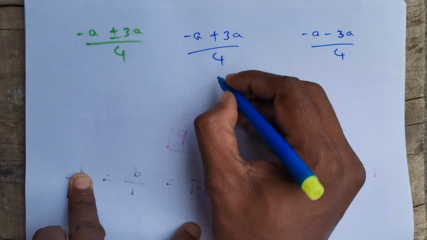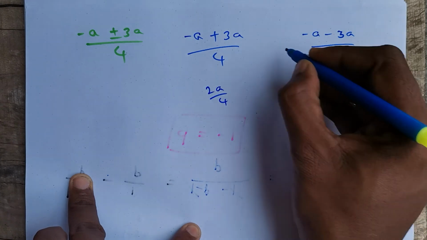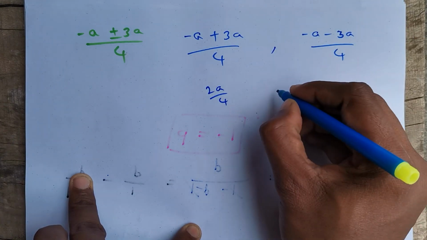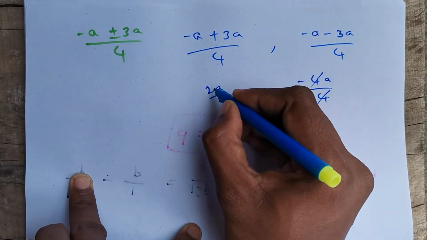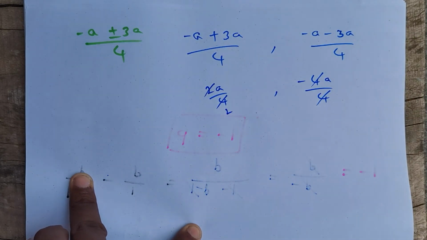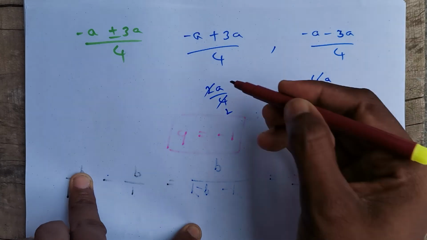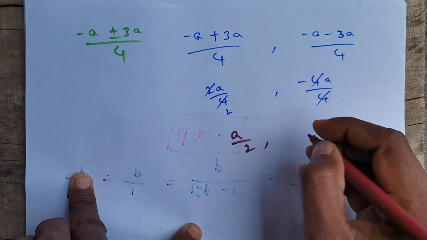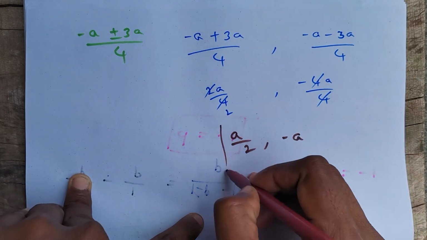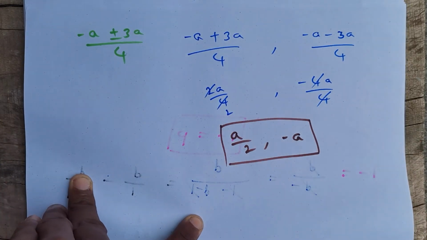Minus a plus 3a is 2a divided by 4, comma, minus a minus 3a is minus 4a divided by 4. Here 4 will get cancelled. 2 1s are 2, 2 2s are 4. So the zeros are a divided by 2, comma, here minus a. So the x value is a by 2 or minus a.